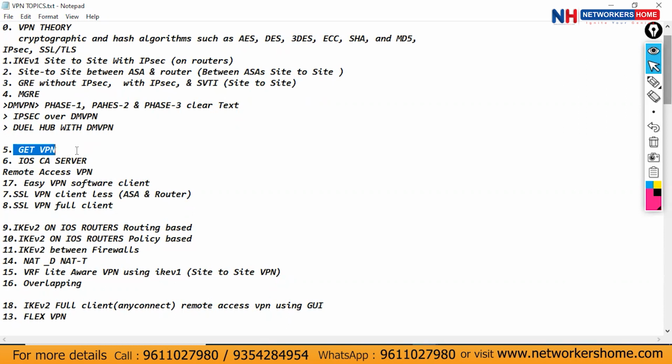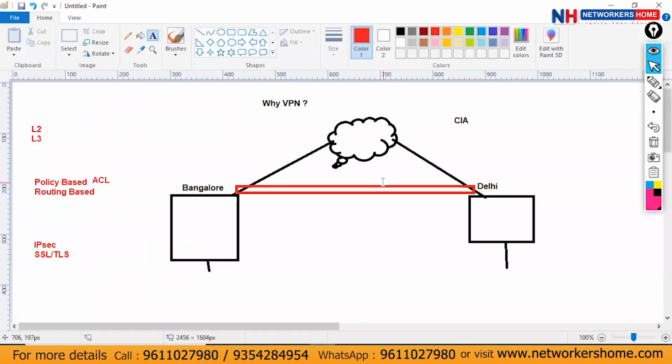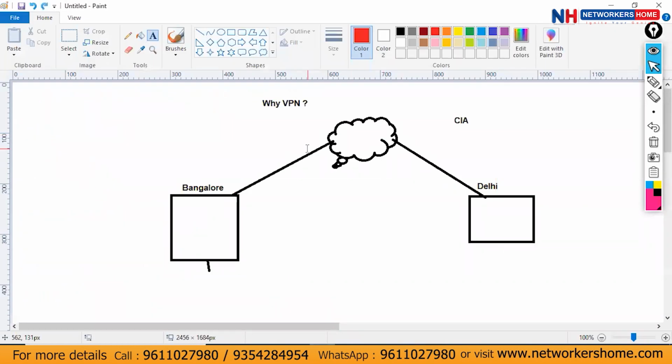Where is the ISP? So it's not about communicating over the ISP only. It's about securing your data. Wherever you feel you need data protection, you can implement a VPN. Now, don't say that I'll create a VPN in every scenario.